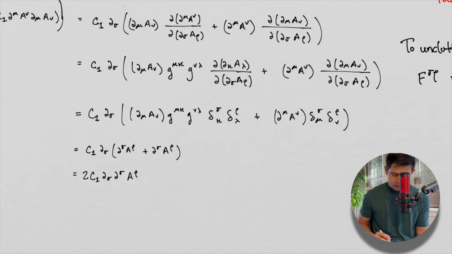Okay, so now that we have everything, these two guys are lower indices, these two guys are lower indices. Now we could say, well, the derivative of this with respect to this is only going to be something if k is equal to mu, or k is equal to sigma, and lambda is equal to rho. Okay, so we can actually replace this.